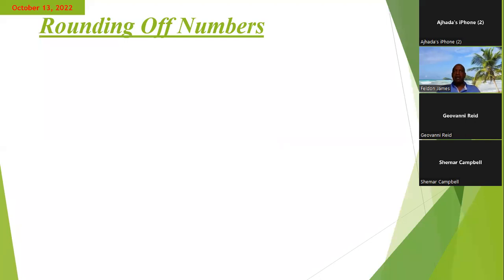Why do we add 1 when it is 5 or more? And why do we allow the value to remain the same if it is less than 5? Anybody?